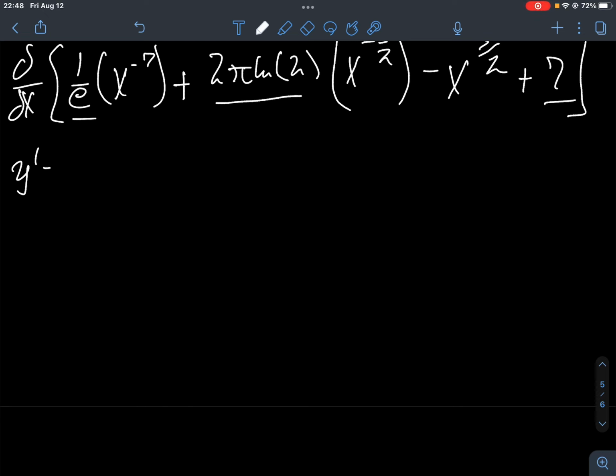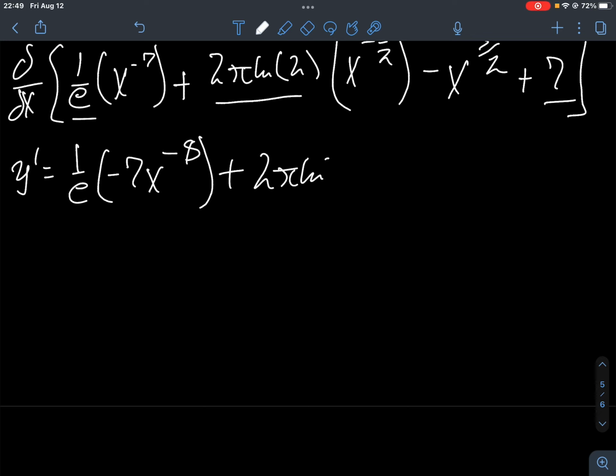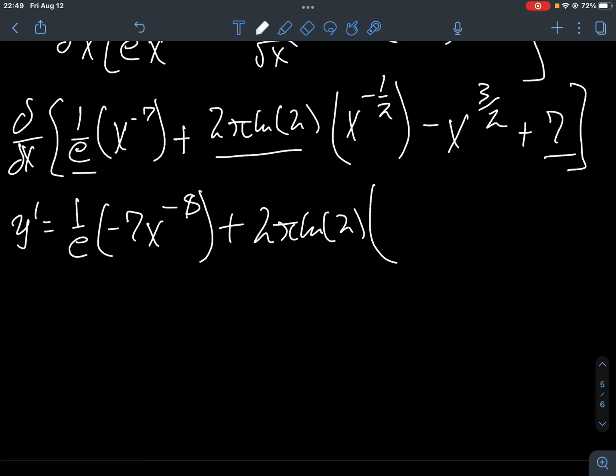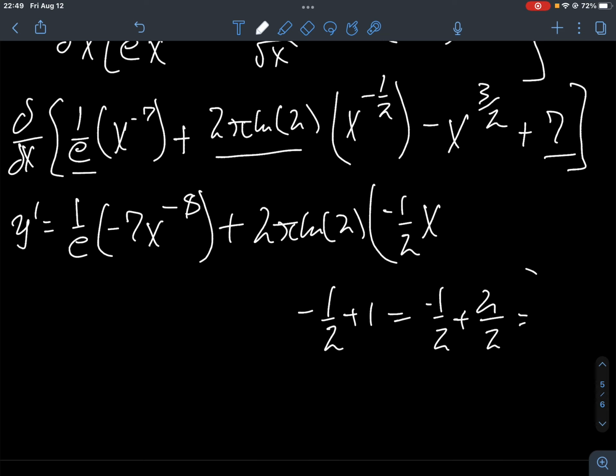So y prime is equal to 1 over e times the derivative of that, bring that negative 7 down, x to the negative 7 minus 1 is minus 8, plus, now all this is just a constant, and we can multiply that by the derivative of x to the negative 1/2, or we could bring negative 1/2 down, x, negative 1/2 plus 1 is negative 1/2 plus 2 over 2. Now we have a common denominator, now we can add them. So negative 1 plus 2 is 1. Keep that denominator and we get a half.